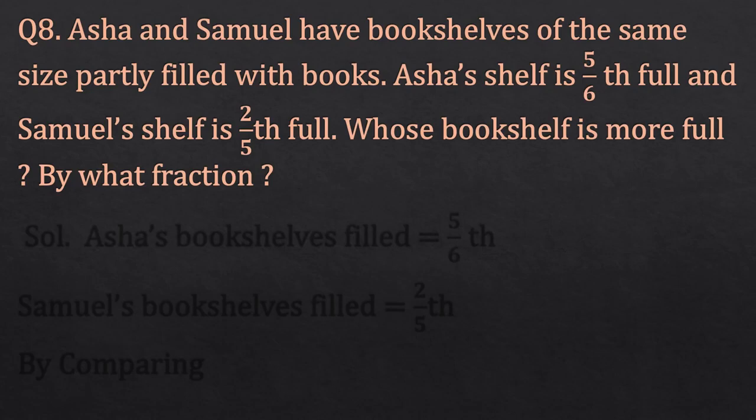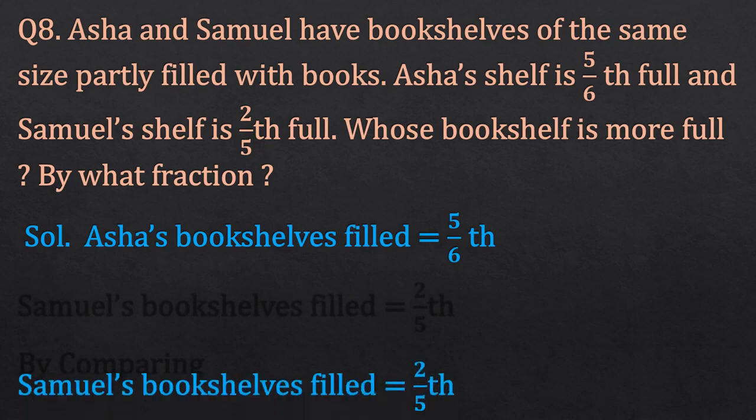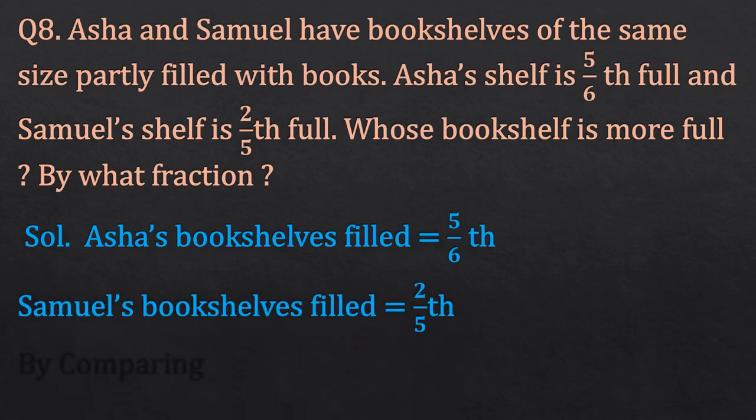Now see, Asha's bookshelf is filled 5 by 6th. Samuel's bookshelf is 2 by 5th. Okay, this is the part of their bookshelf that is filled, given to us in the question. Now you have to tell whose bookshelf is more full. For this, we have to do comparison.